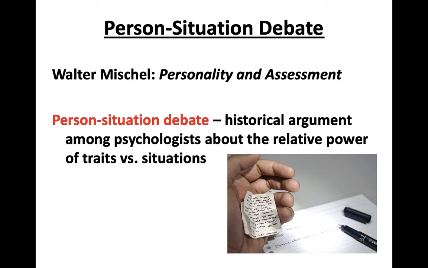The critique from situationists is that people overestimate the extent to which personality traits are consistent across situations. Because of this debate, many psychologists began to focus on alternatives to the trait perspective, such as how people react to specific situations.